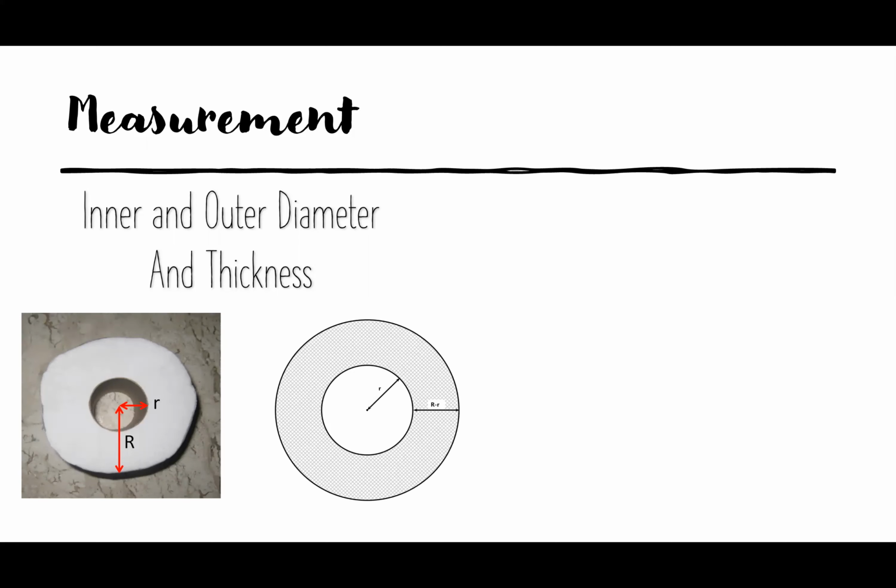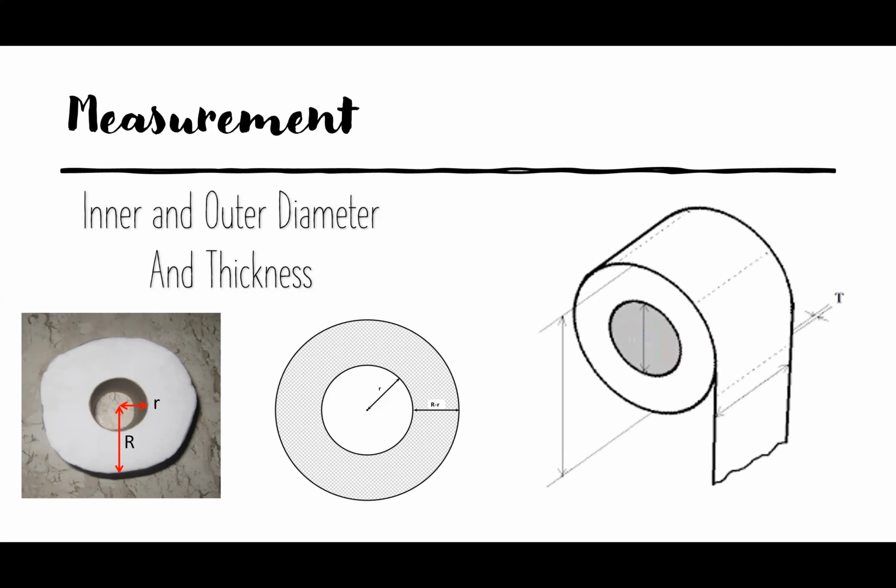Then the thickness I just drew in the picture. In the second picture, I'm not sure if you can see it clearly, but the total thickness of the toilet paper is the capital R minus the lowercase r. That's the total thickness.